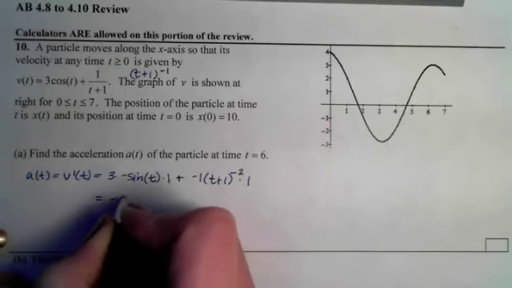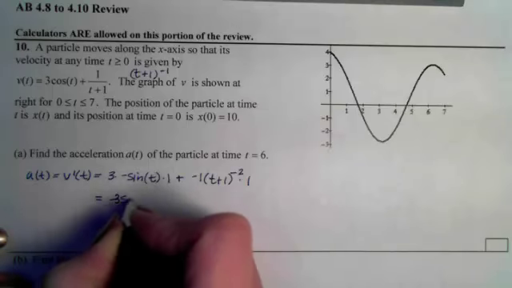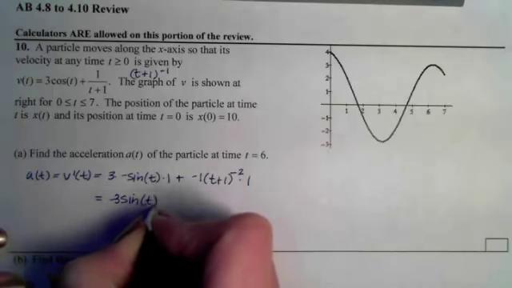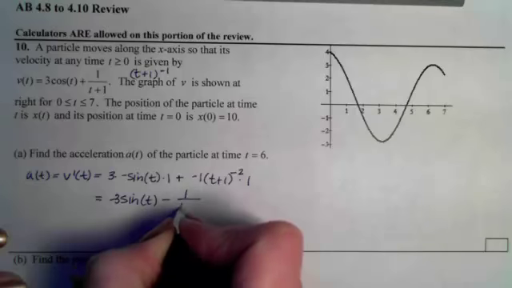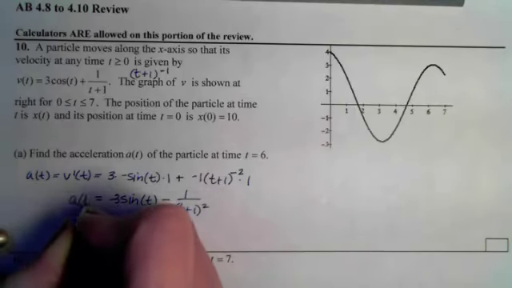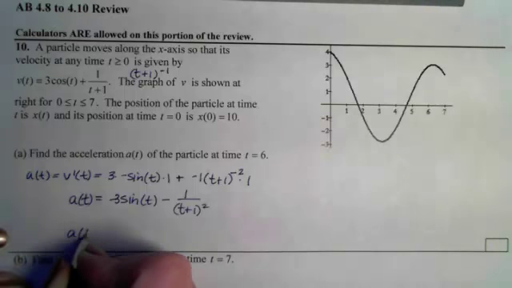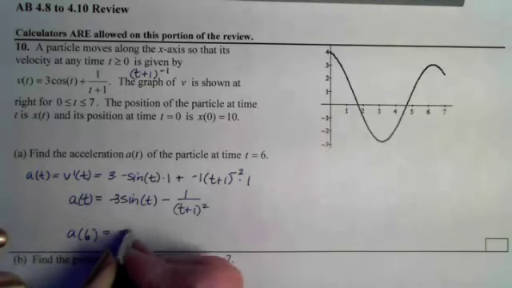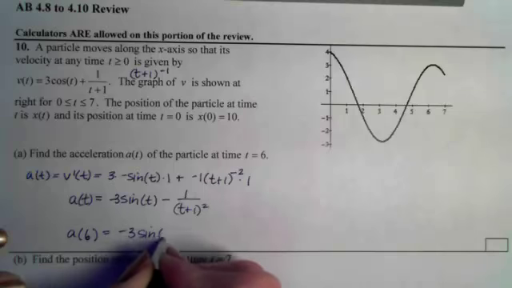If I simplify this, not that I have to, but if I do, I'd get a negative 3 sine of t minus 1 over (t plus 1) squared. Our goal now is to compute this at 6. So we will plug a 6 in.